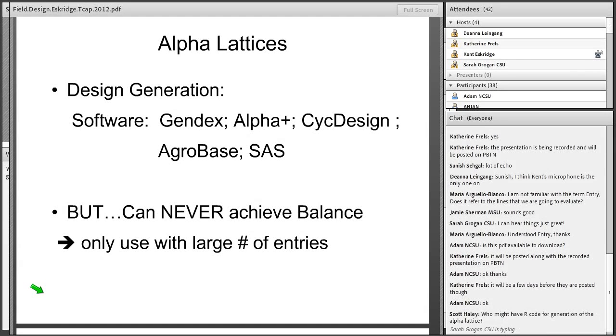I'm looking at some questions here. Who might have the R code for generation of the alpha lattice? I think there's a package called agricolae, it's not Agrobase, but it's Agro something. I'd have to look it up. I think you could just Google R code and alpha design, and it should come right up.